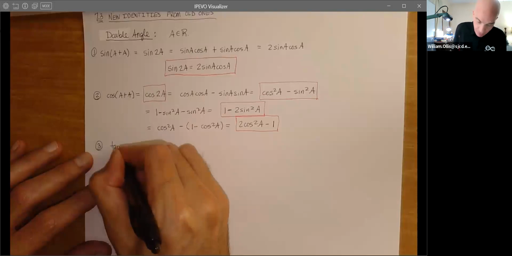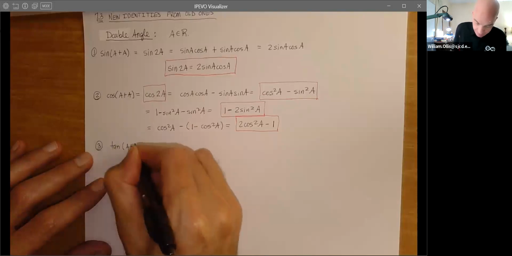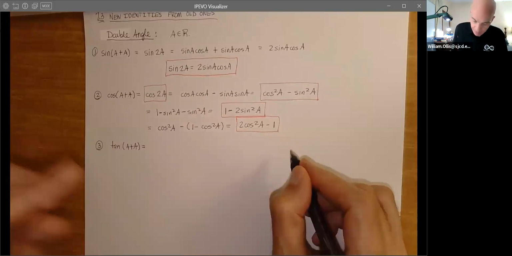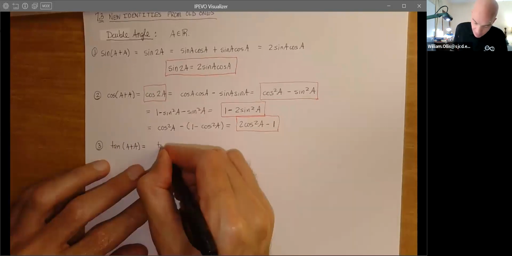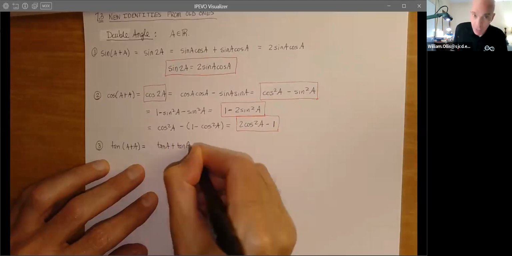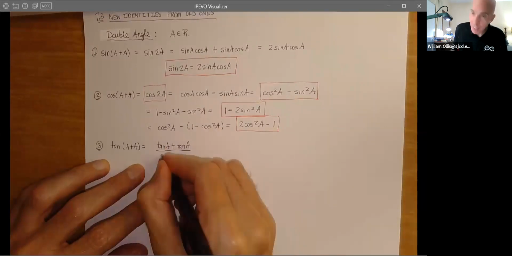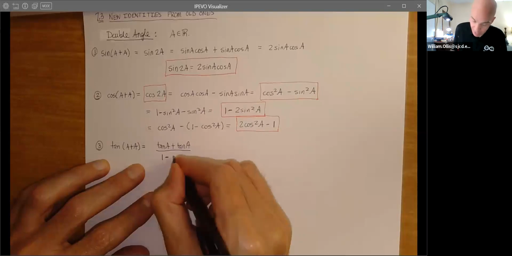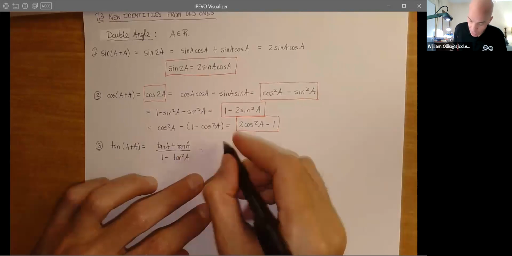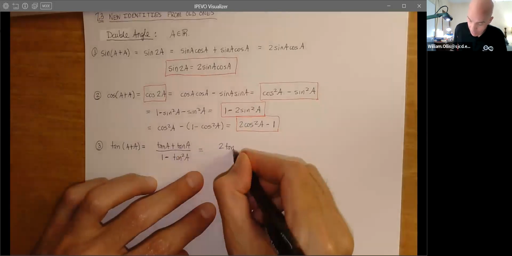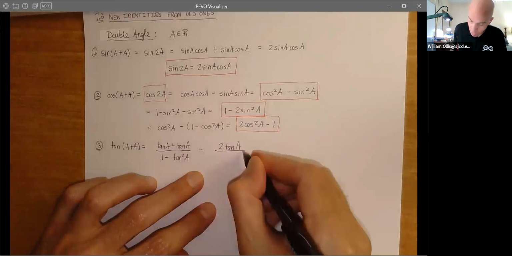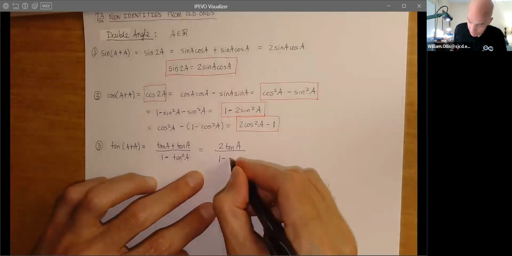Tangent of A plus A. We just say tan A plus tan A, and then we divide by 1 minus tan A times tan A. So that's tan squared A. So we get 2 tan A divided by 1 minus tangent squared.